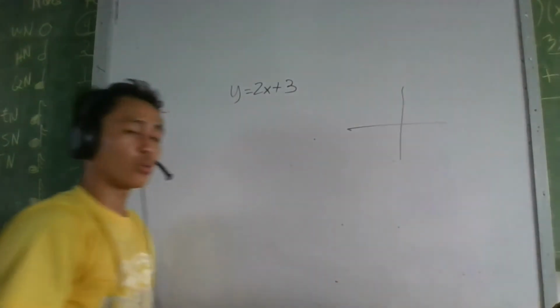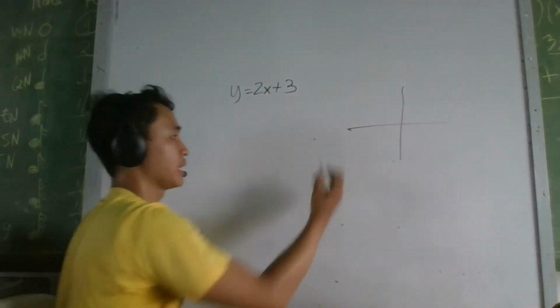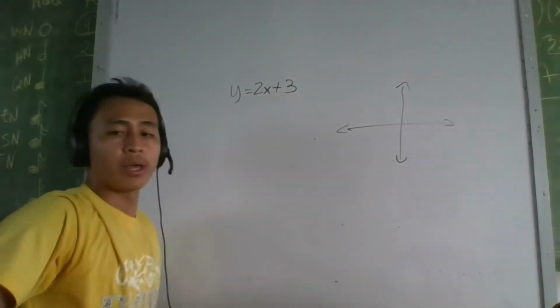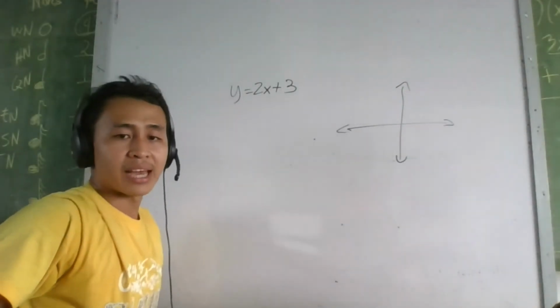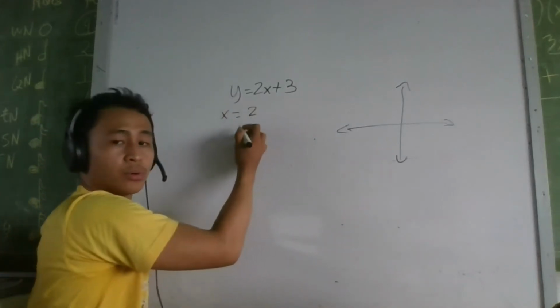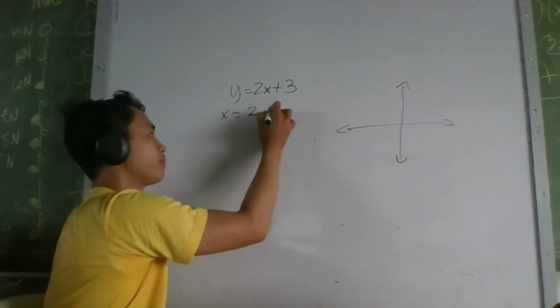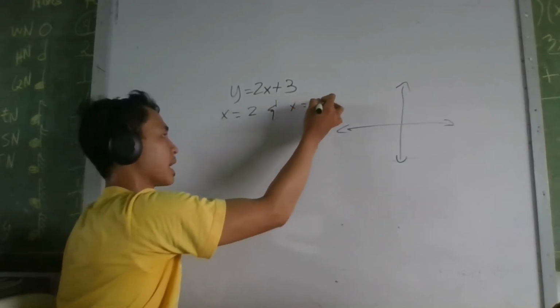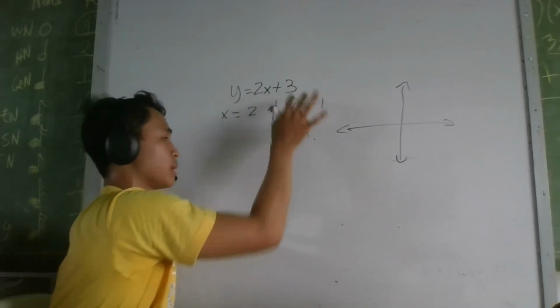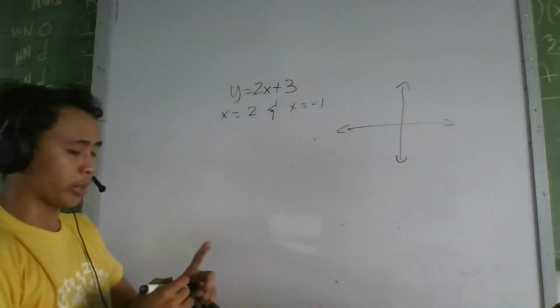How to do that one? Kasi nga, wala naman tayong given na points. Pero, meron tayong given kanina na x equals positive 2 and x equals negative 1. Okay? Put y equals 2x plus 3 here. So how are we going to do that one?